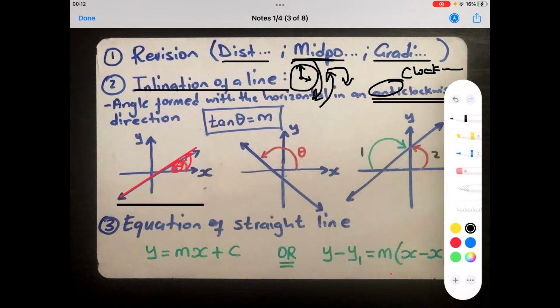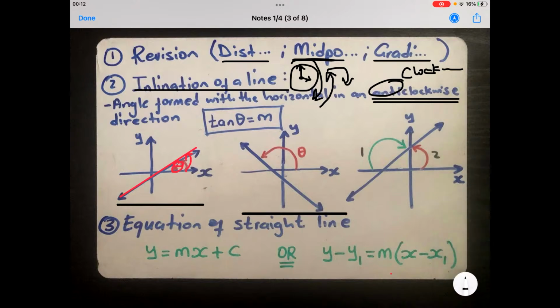Can you see we've got that straight line there, with the angle formed in that direction, which is an anti-clockwise direction. That angle formed could be written there or there, it doesn't matter, as long as we know we are talking about that line with the horizontal. That angle formed is called the angle of inclination.